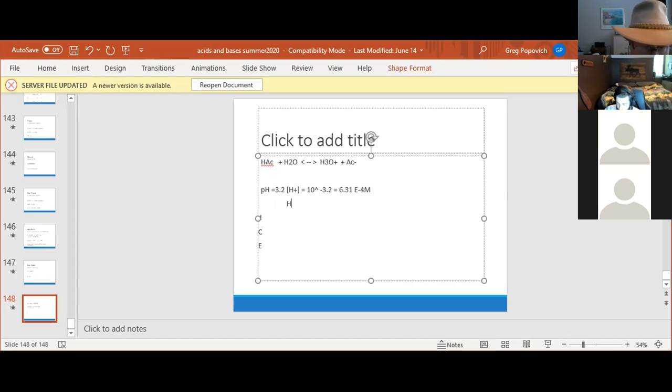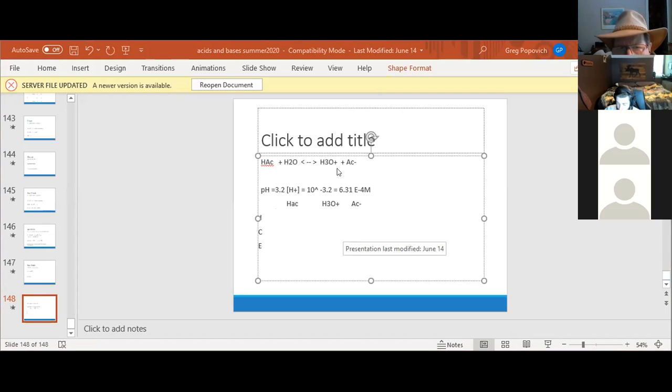So, that's where I was confused. I didn't know if it was on the HAc or the hydronium ions. So that's kind of where I was stuck. All right, so it's asking me what this concentration is.